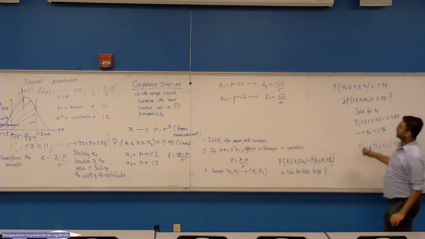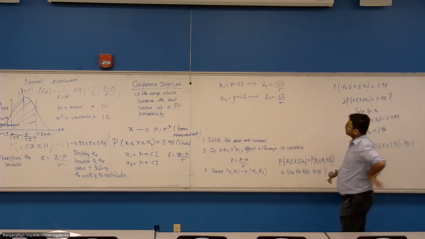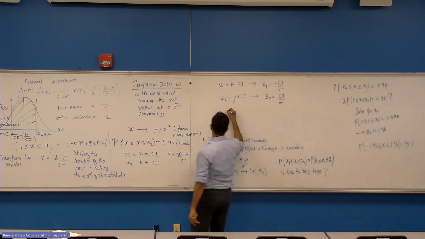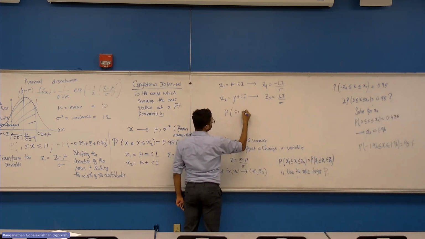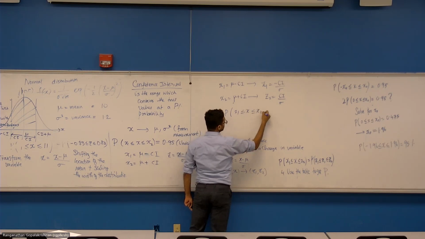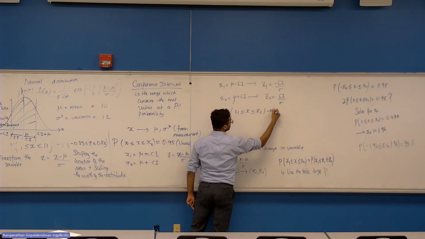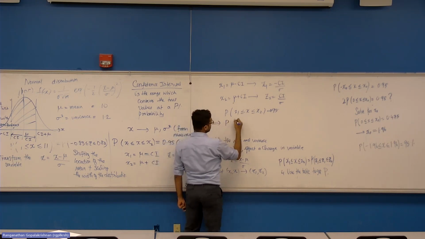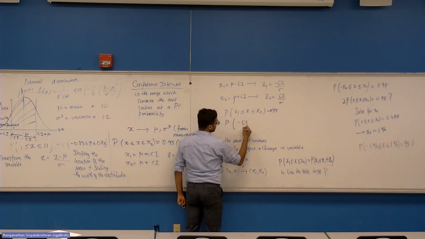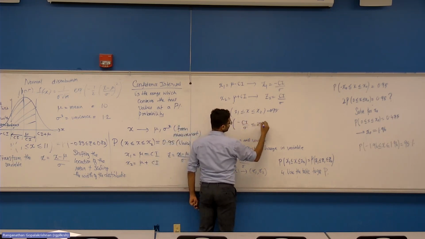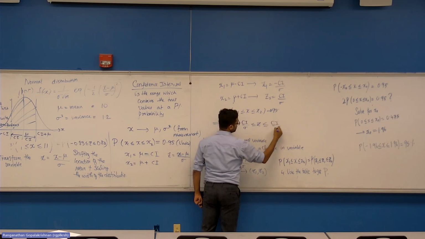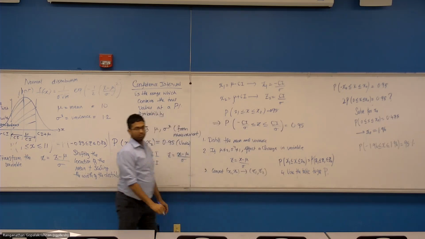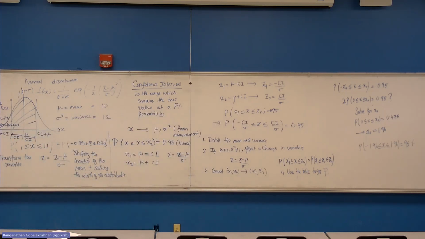So the probability of x1 to x2 being 0.95 is essentially like writing the probability of minus ci over sigma less than or equal to Z less than or equal to ci over sigma is 0.95. Are you with me so far?